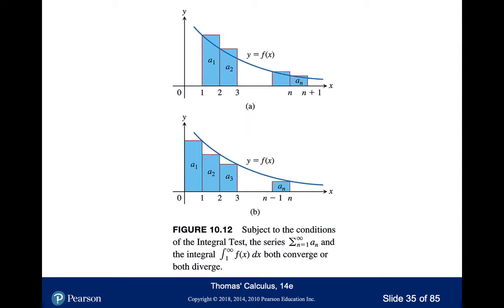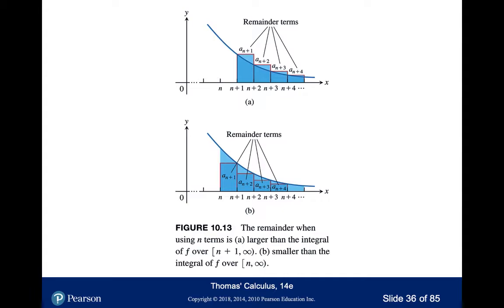Here is an example of looking at this sequence of terms, where we could bound it by a function and find that they either both converge or both diverge. When we do this, we can find a boundary for what that sum would be. We can either over approximate, having some rectangles hang over, or under approximate, with rectangles hanging under.